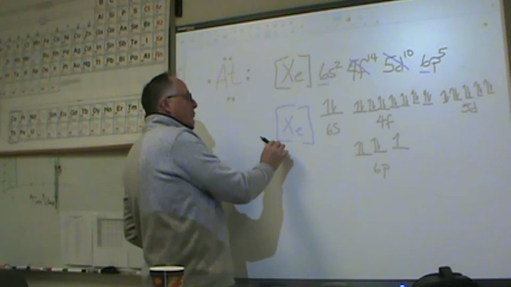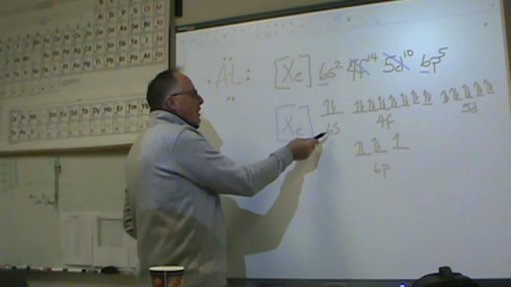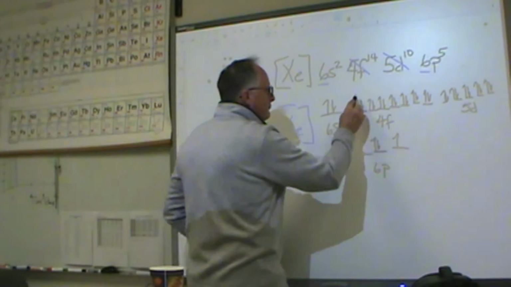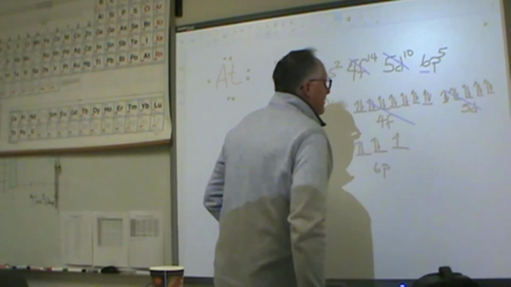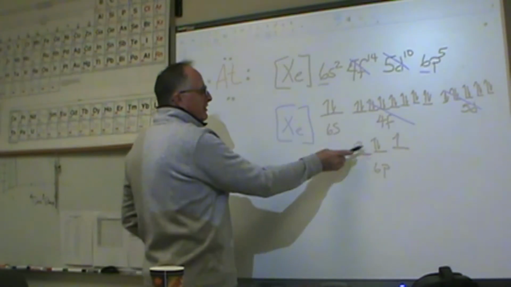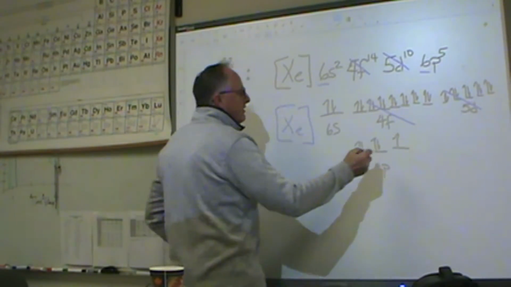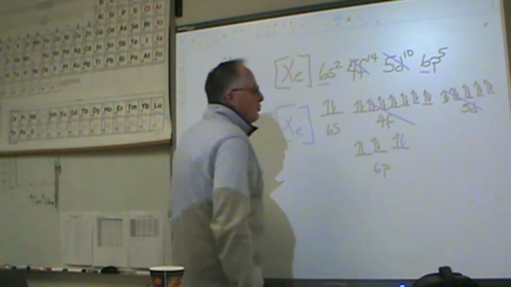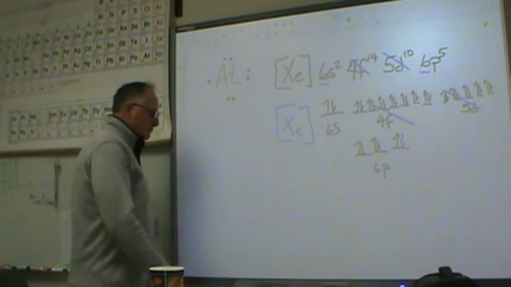It's more visual when we look at the orbital notation. Again, the f and the d are behind, so we just look at the s and the p, and we can see that it does want one more electron.